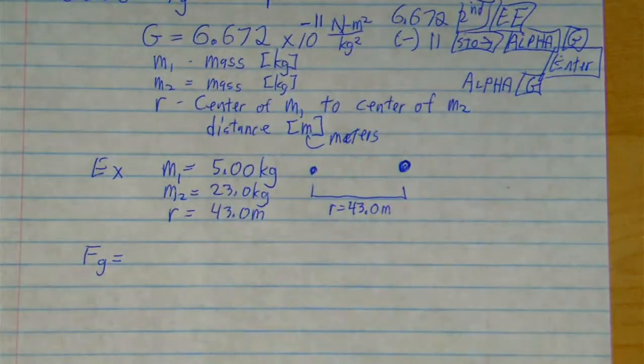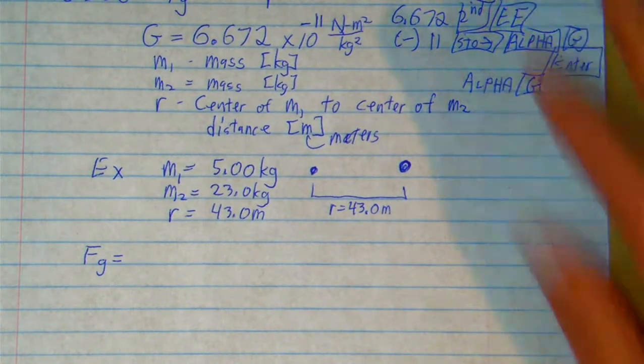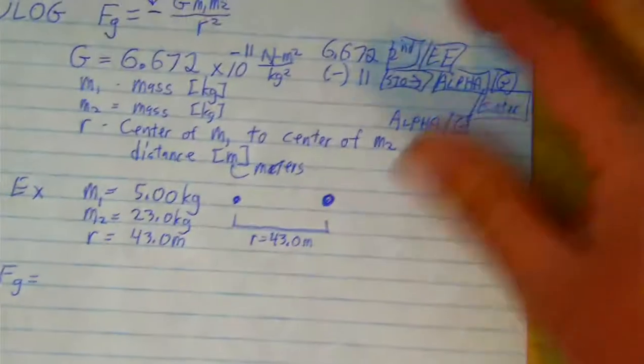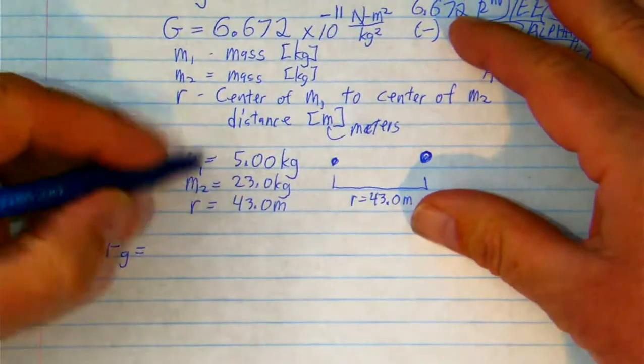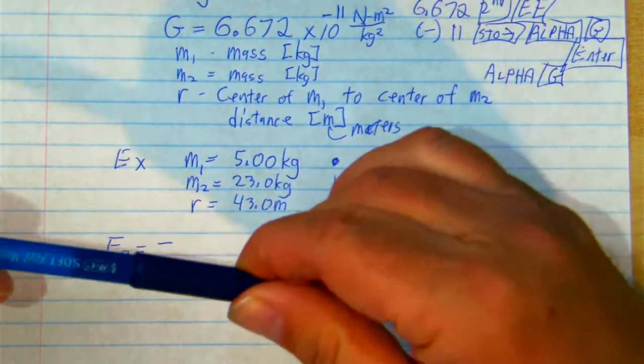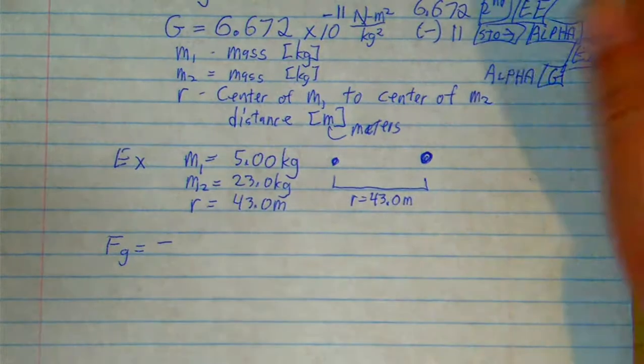All right, calculate please. What is the force of gravity between these two objects? All right, so my students have correctly calculated. I'm going to bother writing the minus sign because this is a physics class where I'm presenting it. So the minus sign means it's attractive.